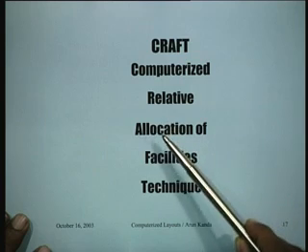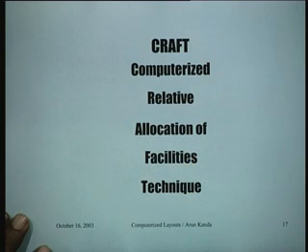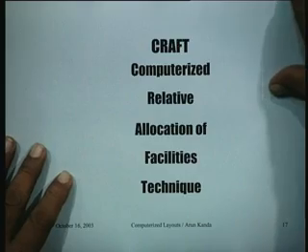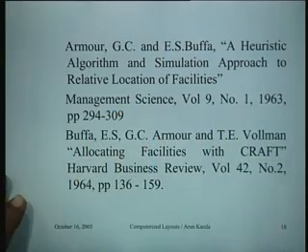CRAFT was a procedure developed by Armour and Buffa and his students. You've heard of Buffa. Buffa was a professor at the University of California at Los Angeles, and he wrote the book Modern Production Management. Right? You must have heard of that book. And these are the original references for this particular procedure.